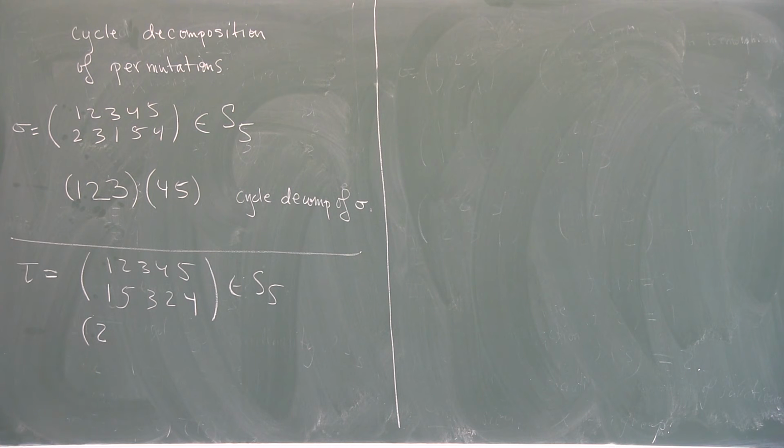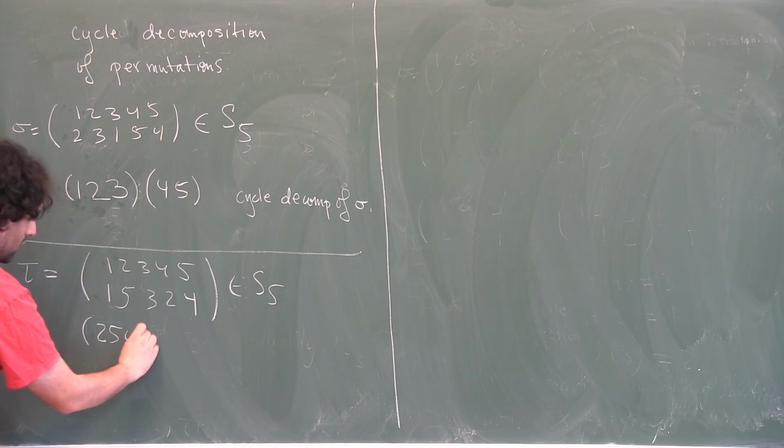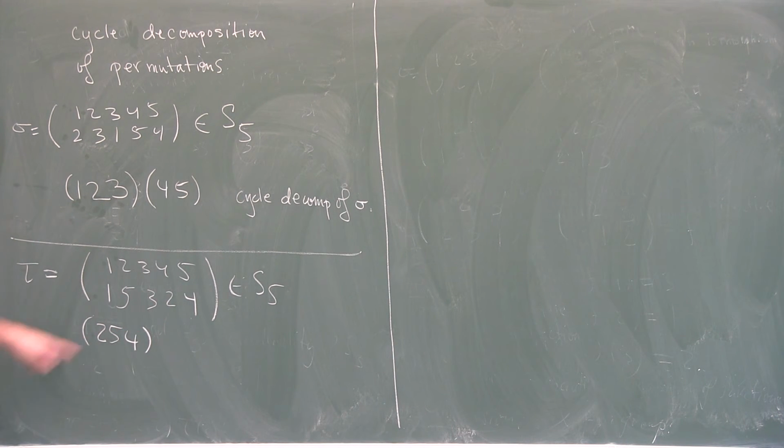Then what follows 2 to the right? It's where 2 maps to. 2 maps to 5. So I put 5 next. Then 5 maps to 4. Then 4 maps back to 2. So I close the parentheses to indicate that the cycle is finished. And then what numbers from 1 up to 5 haven't I considered yet? 3.